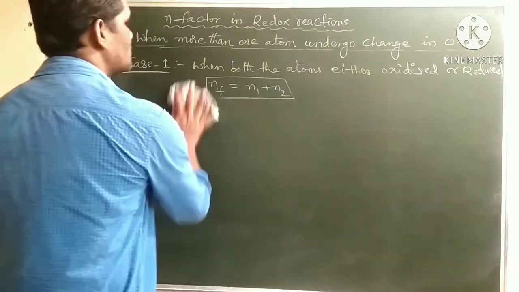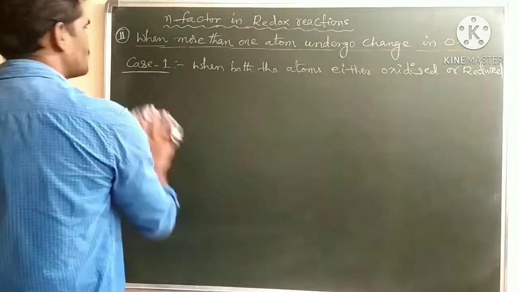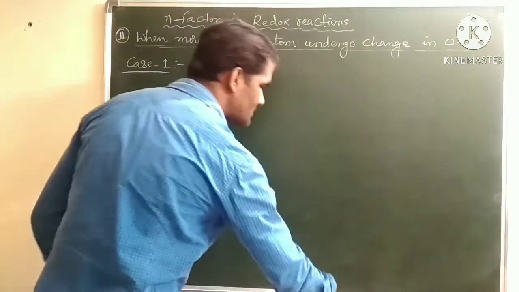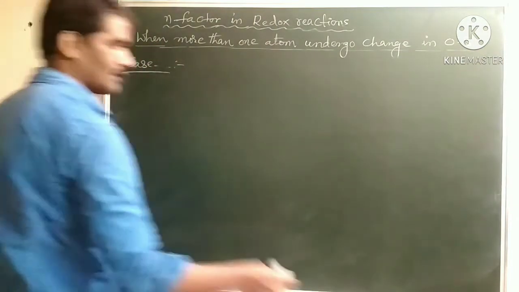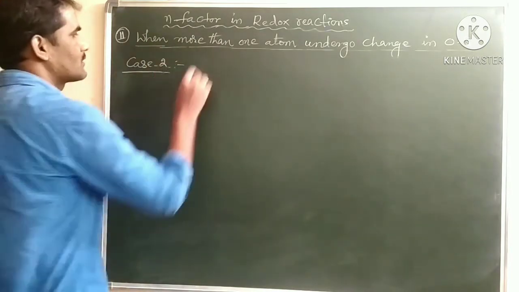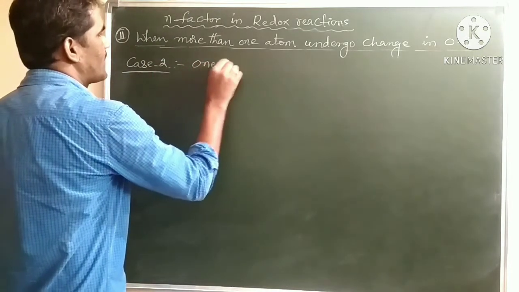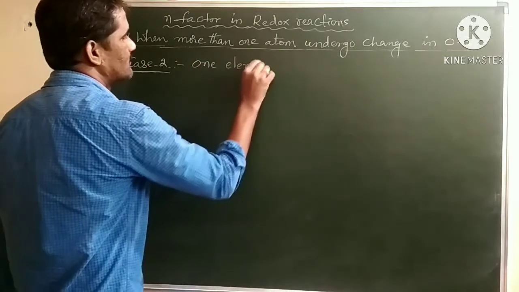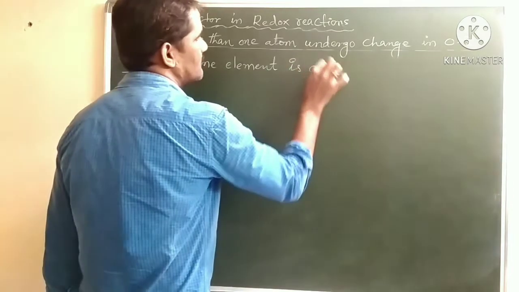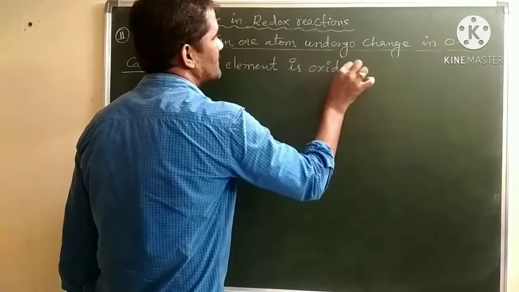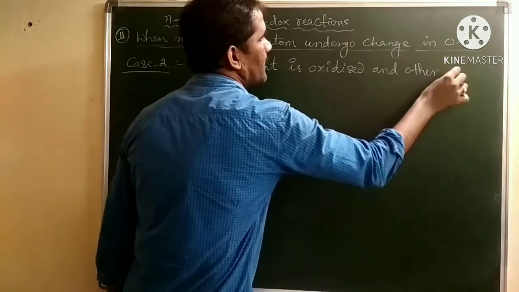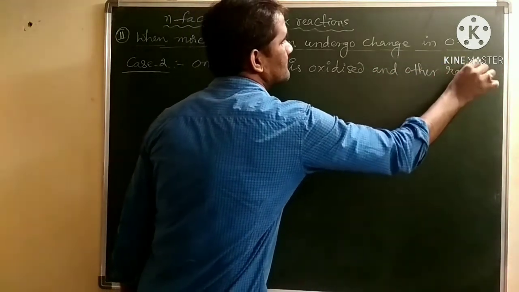So what is the case 2? Out of two elements, one element is oxidized and the other is reduced. Let us take case 2. Here one element is oxidized and the other is reduced.